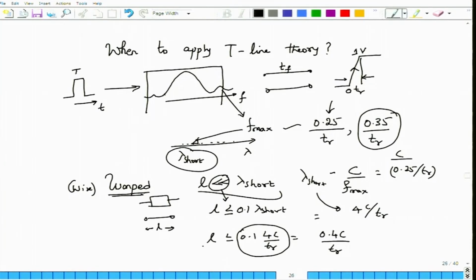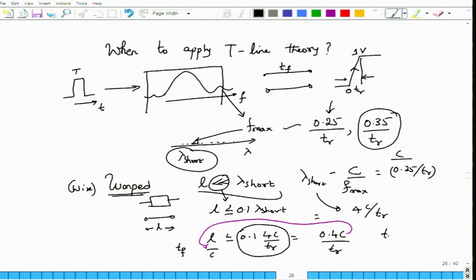So, I have 0.4 c by Tr. If I take this c, which is the speed, to the denominator of the left hand side, then I get L by c, which happens to be the time of flight from one end of the wire to the other end of the wire.